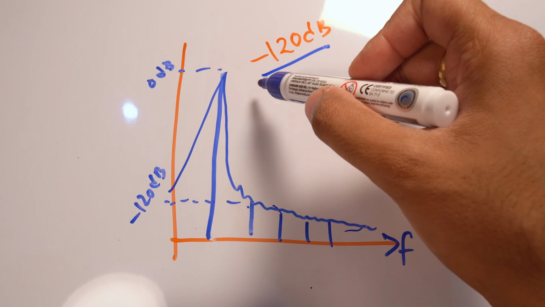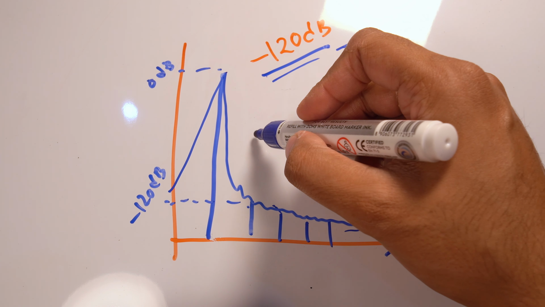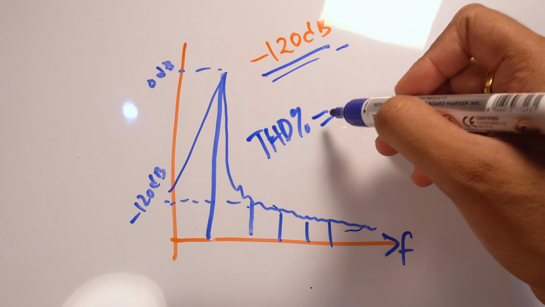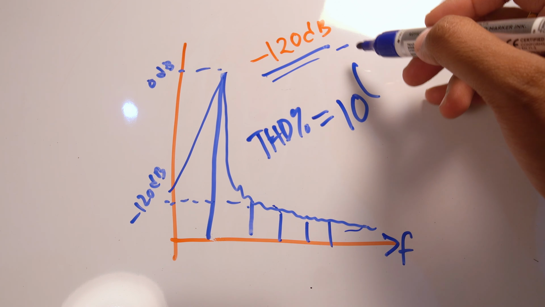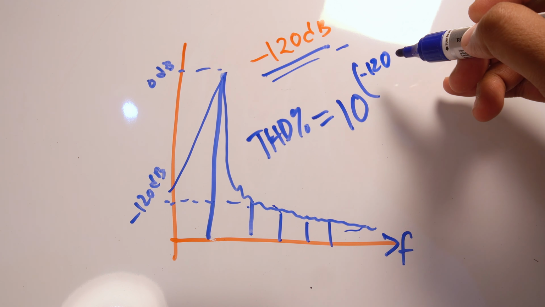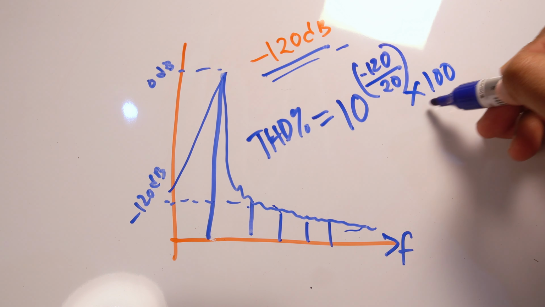And if you want to convert this minus 120 dB into percentage, because in our datasheet THD will be in percentage, it's a very simple formula. We put 10 to the power of THD in dB, that is minus 120, divided by 20, into 100 because of the percentage.